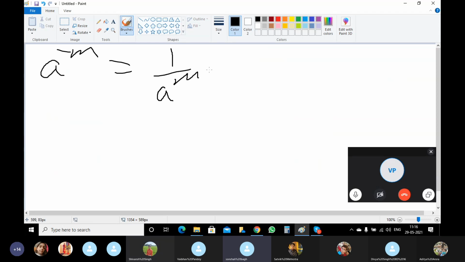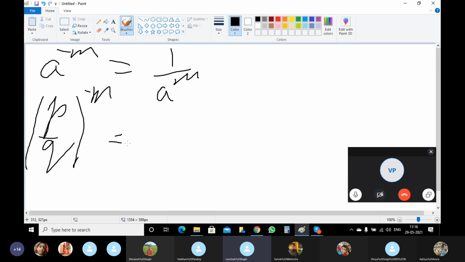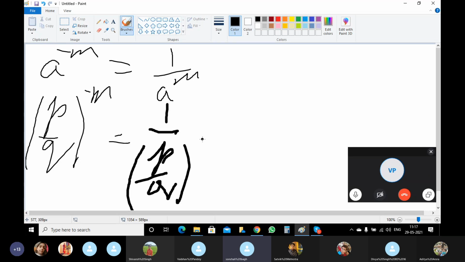So let's try with p upon q. (p upon q) to the power minus m is equal to what? What should I write here? Ma'am, q upon p. First we have to make the power positive, using the law, and it becomes 1 upon (p upon q) to the power m.